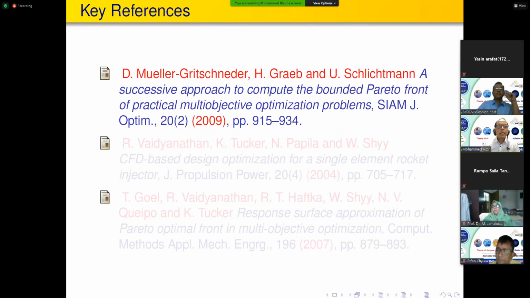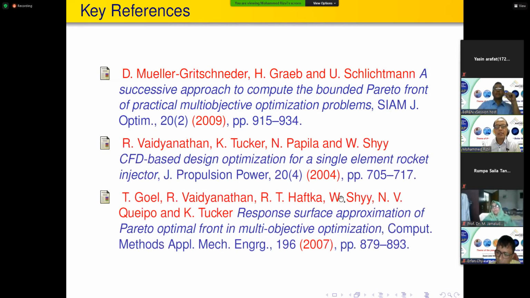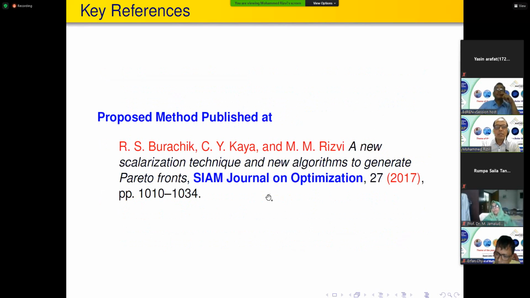Now, Moeller-Grishner, again, is a very well-known paper for grid generation. It appeared in SIAM. Vaidyanathan and Goel, as I said, those NASA people, their paper appeared here. And the results I showed actually explain our proposed algorithms. The result was published in SIAM Journal on Optimization in 2007. That's a joint collaboration with Regina Burachik and me. And what else?